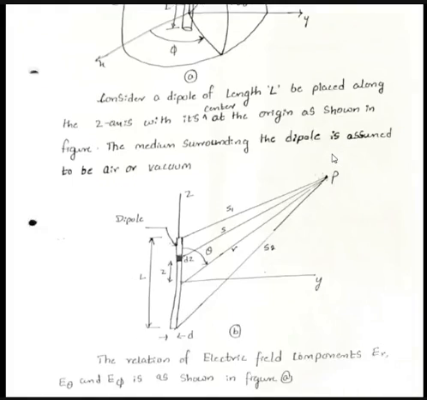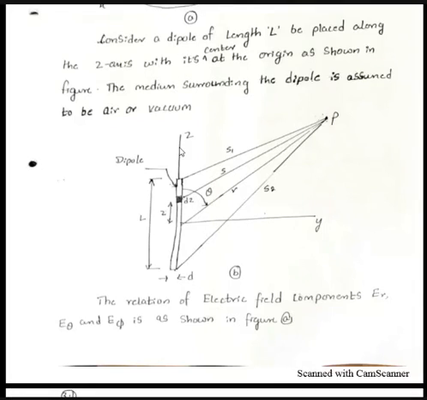Now look into figure B. Here we consider a small element of this short dipole, delta z, at a distance z from the origin.